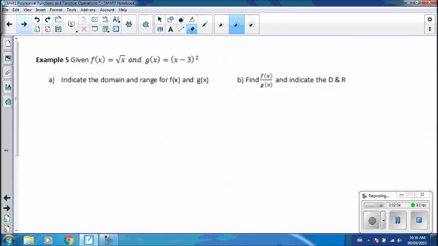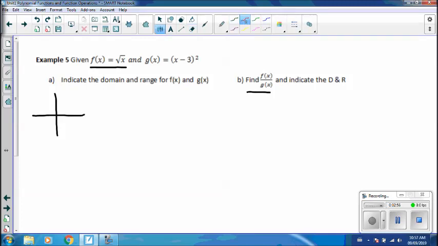All right. Here's another one. And we're looking at a quotient function this time. And this is the last problem in this lesson before you can start on the assignment. So first off, f of x is the root of x. So if I graph that in my calculator, the function there looks something like this.